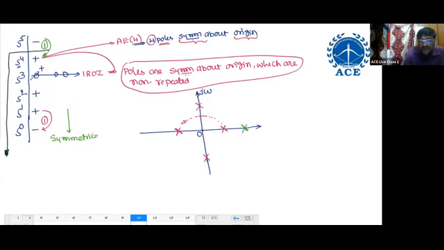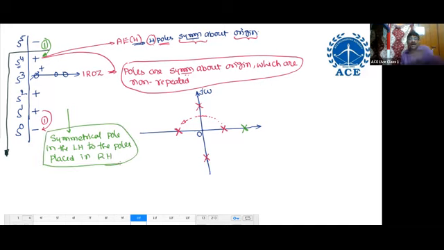A symmetrical pole in the left half for the pole placed in the right. So a sign change below the auxiliary equation should have a symmetrical pole in the left to the pole placed in the right.